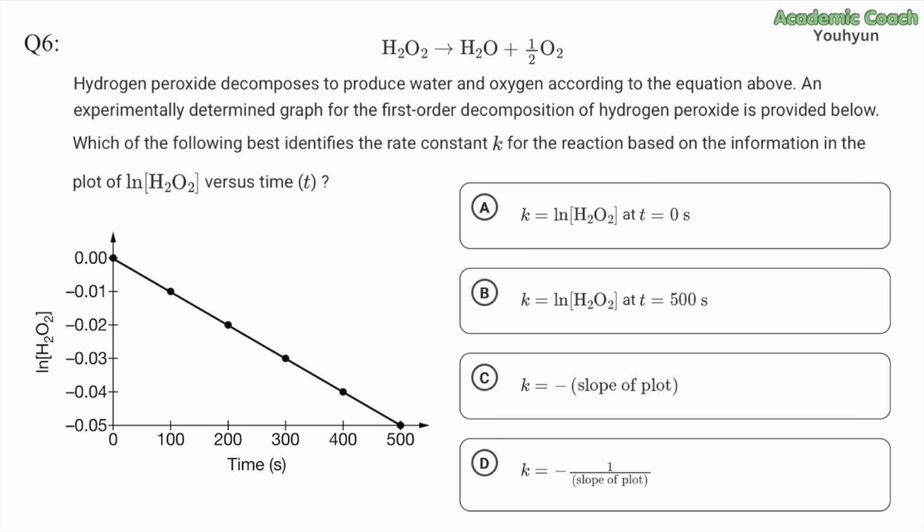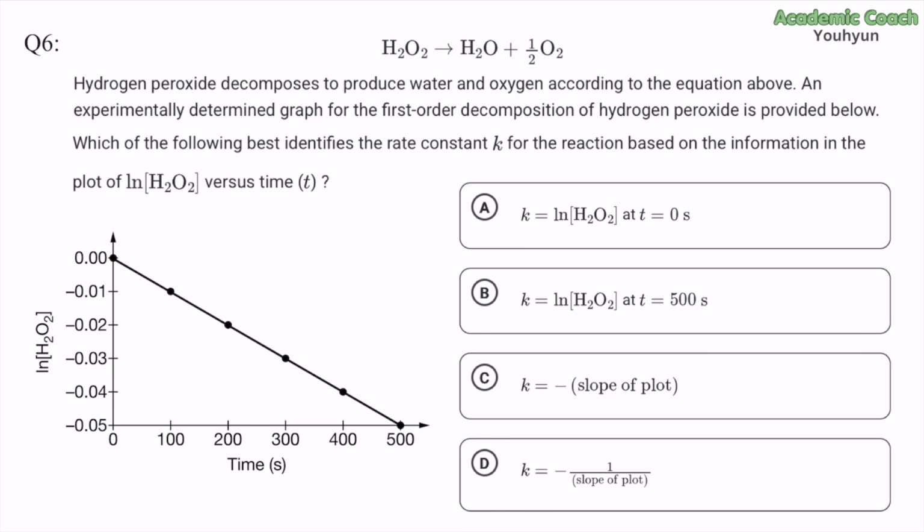Question number 6. Hydrogen peroxide decomposes to produce water and oxygen according to the equation above. An experimentally determined graph for the first order decomposition of hydrogen peroxide is provided below. Which of the following best identifies the rate constant K for the reaction based on the information in the plot of ln H2O2 versus time?